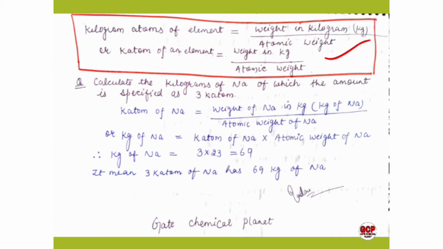Kilo atom of sodium equals the weight of sodium in kilograms divided by the atomic weight of sodium, or kilogram of sodium equals kilo atom of sodium times the atomic weight of sodium. So it equals 3 into 23 equals 69. So we can say that 3 kilo atom of sodium has 69 kilograms of sodium.